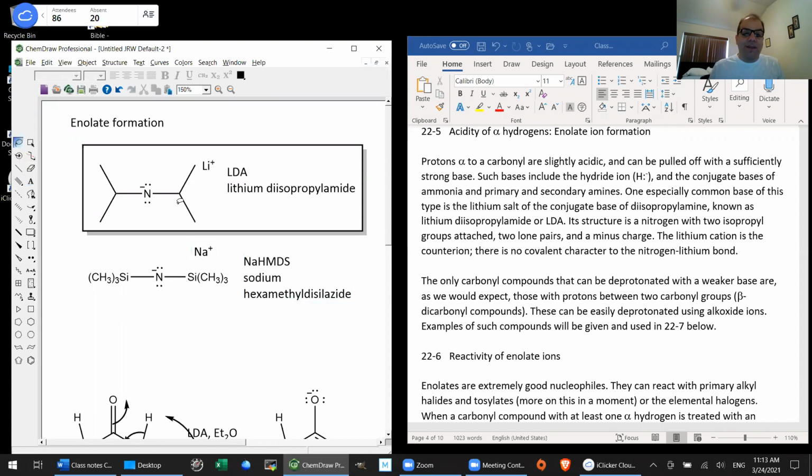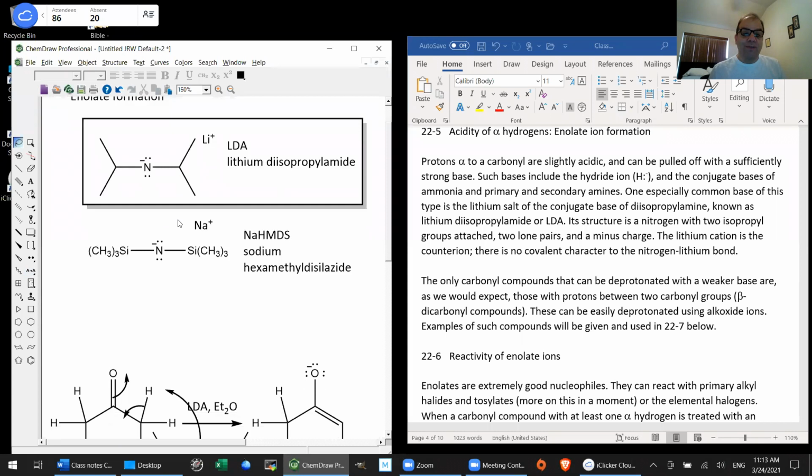So in both cases, we've got the conjugate base of a secondary amine in which the two groups on it are quite bulky. And the result is a very strong but non-nucleophilic base. So, you've got these big trimethylsilyl groups. They're kind of like tert-butyl groups and even the isopropyl groups in LDA. So these things are not going to act as nucleophiles. They are very strong but non-nucleophilic bases. And that's why these things are used.